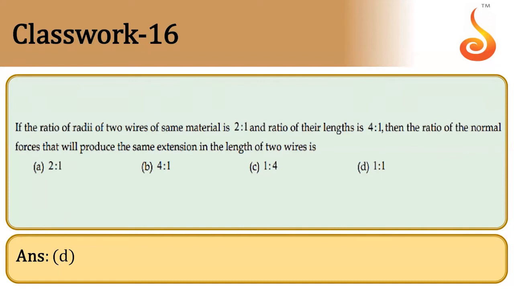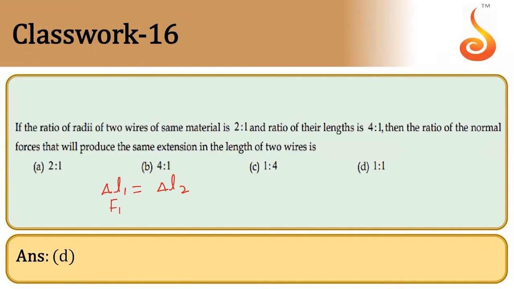If the ratio of radii of two wires of the same material is 2:1 and the ratio of their lengths is 4:1, then the ratio of the normal forces that will produce the same extension in the two wires is, okay, same delta L1 equal to delta L2. They're asking for the forces only.